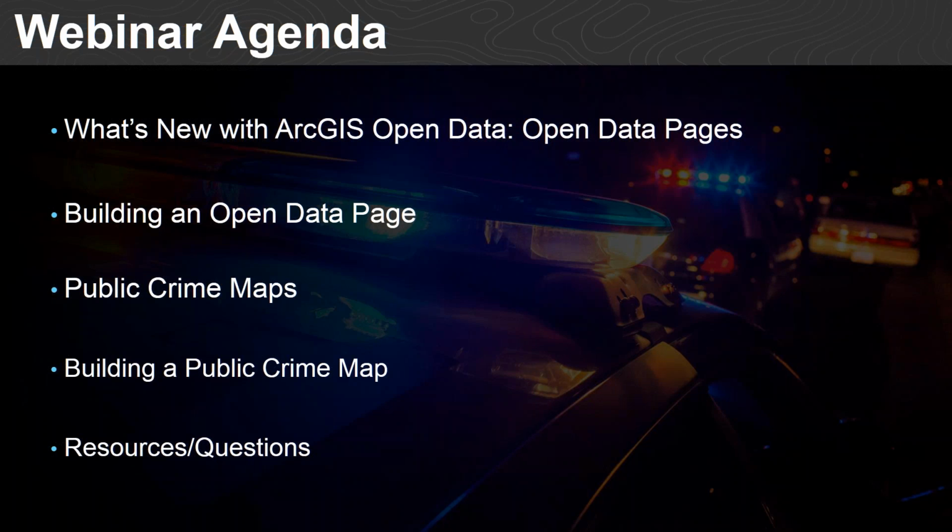And we'll show how you can go about quickly building an open data page around either an initiative or a particular data set that you've made publicly available via ArcGIS Open Data.